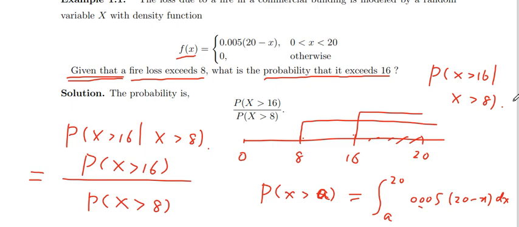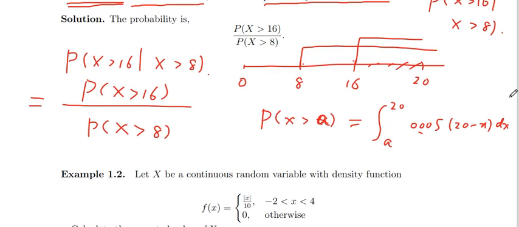Okay, and so this integration becomes so easy. We take the constant outside, and here we use substitution. We regard this as t, then dt becomes negative. Anyway, here a becomes 20 minus a, but 20 minus a is large, and then this becomes 0, right?